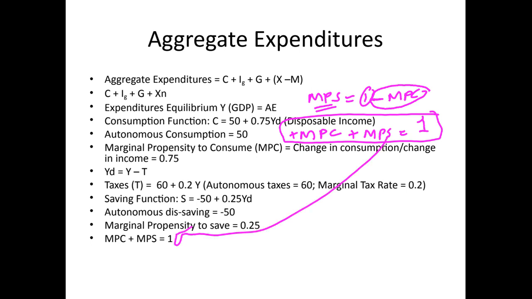So what have we done so far? We have shown you the form of the consumption function, 50 plus 0.75 YD. I also showed you the tax function, which by assumption is 60 plus 0.2Y. I also derived, or calculated, the saving function using the consumption function, and we also discussed the autonomous part and the induced part.